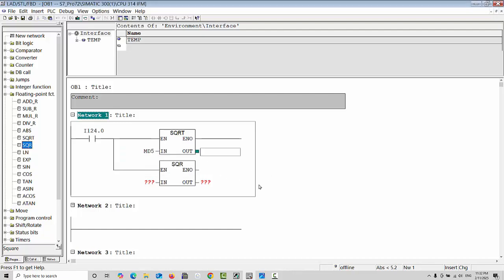The answer we will take in MD20, because for our understanding, whichever value I give to the square root, and after it I make the square, the answer gives us MD20. So I will download this to the PLC.